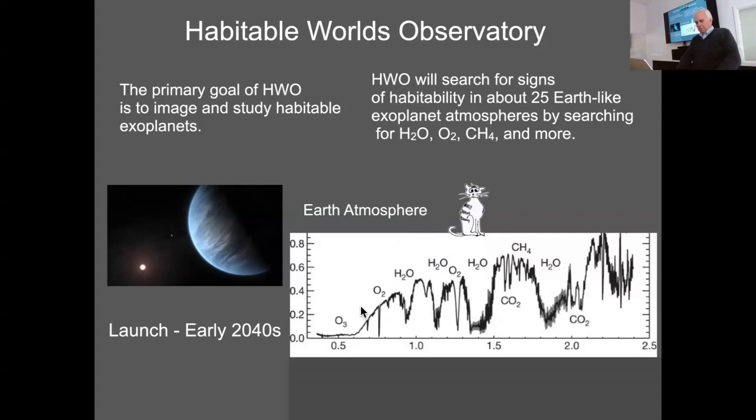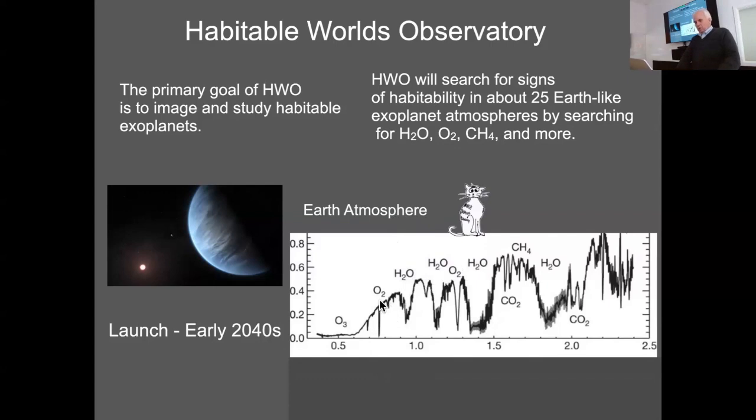And if it's like the Earth, one of the things you see in this wavelength range is that there's water in the atmosphere, and water for life on Earth is critical. Everywhere where there's water, there's life. Everywhere where there's no liquid water, there's no life. It's absolutely critical for life on Earth.